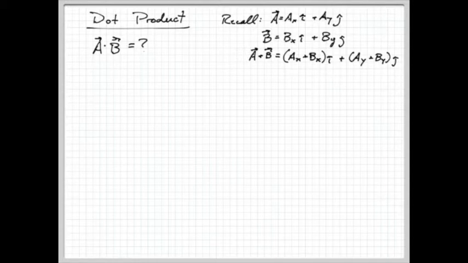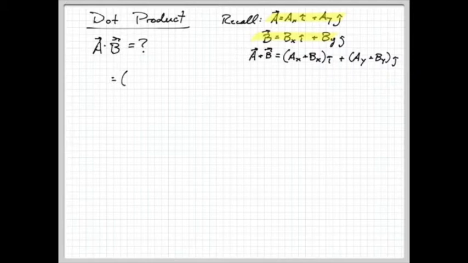Now there's actually two forms of vector multiplication. We're going to do the first one, which is the dot product, and the other one we'll get to in a later unit. So how do we calculate a dot product? Let's use the same two vector distinctions, ax, ay, and bx, by. Calculating the dot product is actually fairly easy.